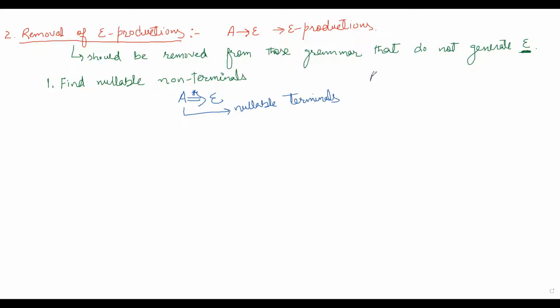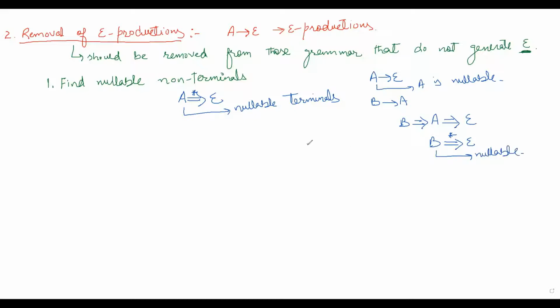So if there is a rule in the grammar A gives epsilon, then by default A is nullable. Now let's suppose another rule is B gives A. So you can see we can write B as A, and A can be rewritten as epsilon. So that means B generates epsilon in 1 or more steps. So B is also nullable. And let's suppose C gives A1 A2.